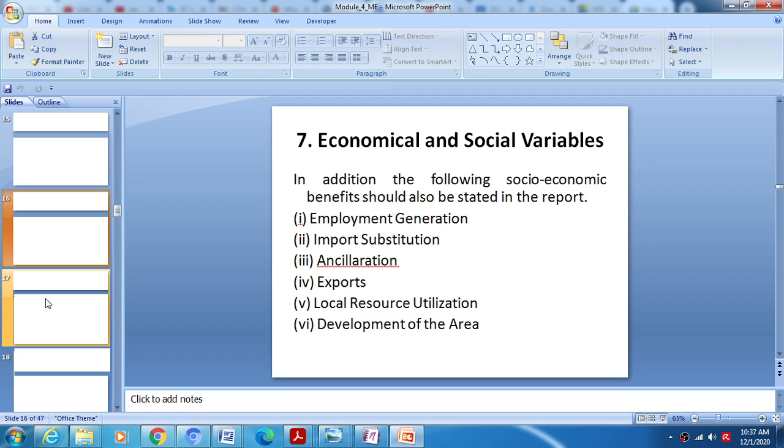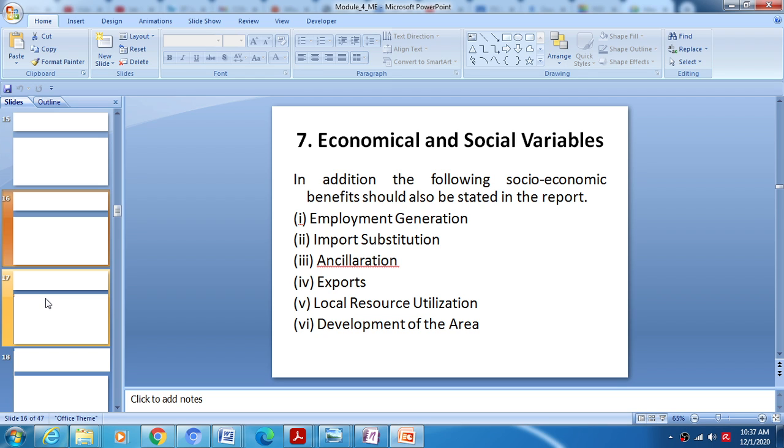Next one is economic and social variables. In addition, the following socio-economic benefits should also be stated in the project report. For example, you're starting up the project, you have mentioned all the profits that you can get.